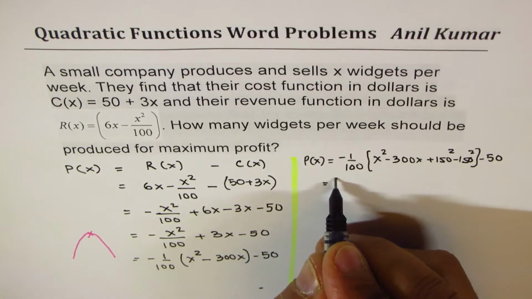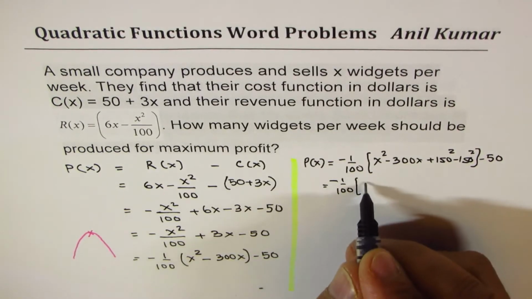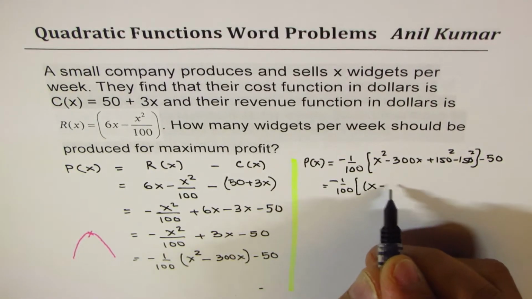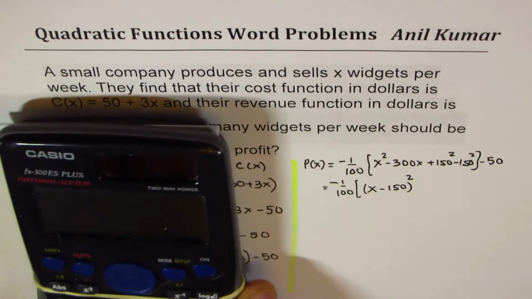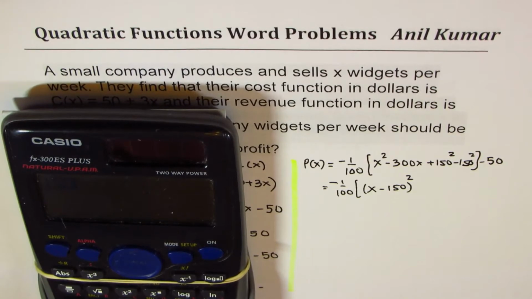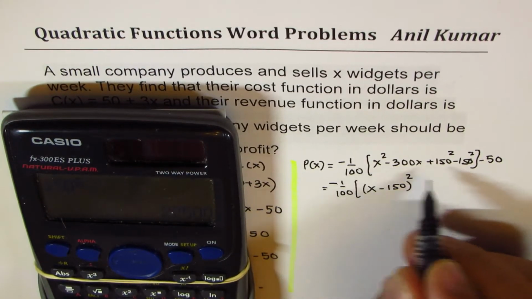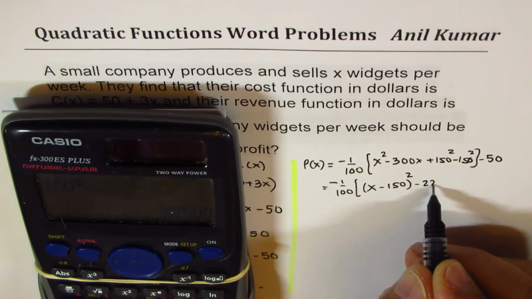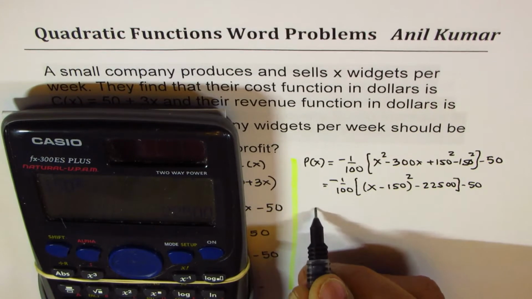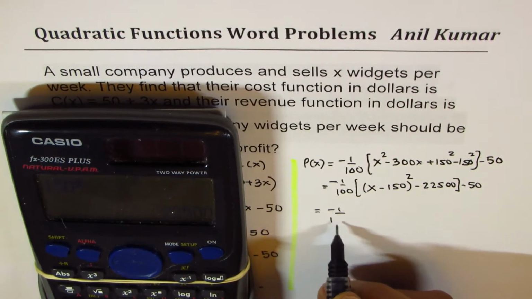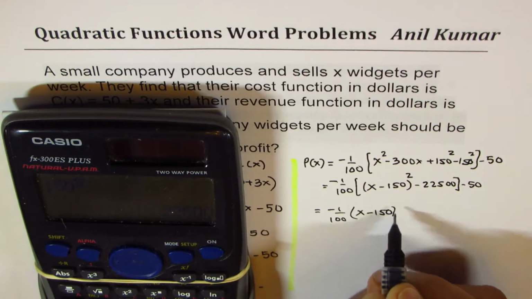So that gives us -1/100. These three terms can be factored as (x - 150) whole square, right? Using the calculator, 150 squared is 22,500, minus 5000. Let's open the bracket. We get -1/100 times (x - 150)².